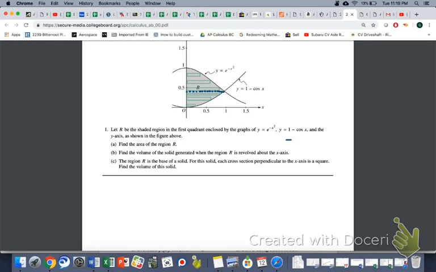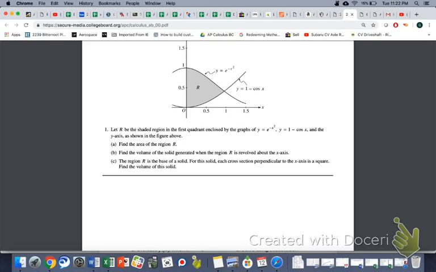And then below the blue dotted line, that would switch. So on the right side, it would then be y equals 1 minus cosine x. So very doable, but you'd have to split it into two separate integrals and then add. And if I can avoid doing that, I'm definitely going to avoid doing that. So I would recommend against using horizontal representative rectangles, but if you wanted to try that, just in the spirit of figuring out how to make things work and all that good stuff, highly recommend that.